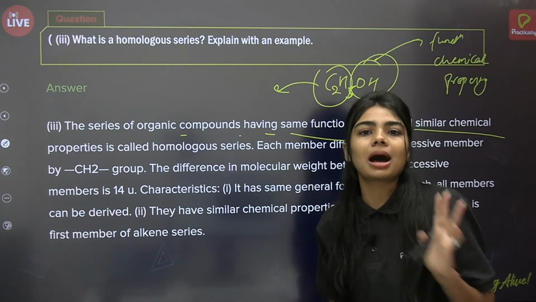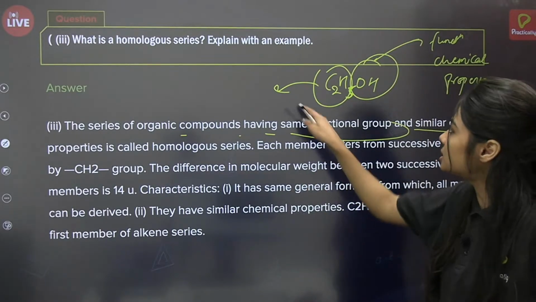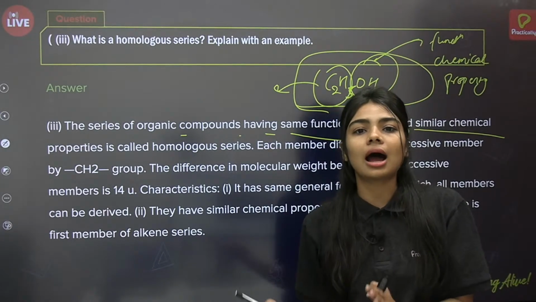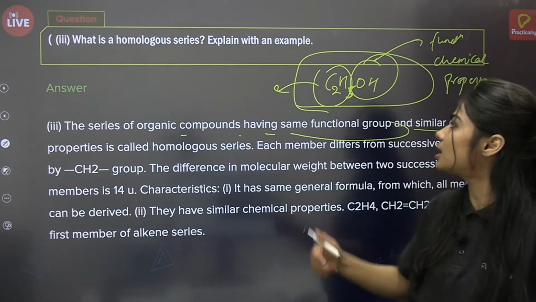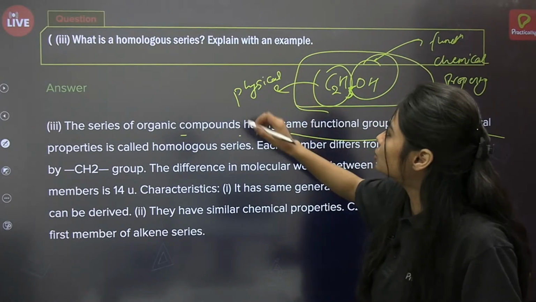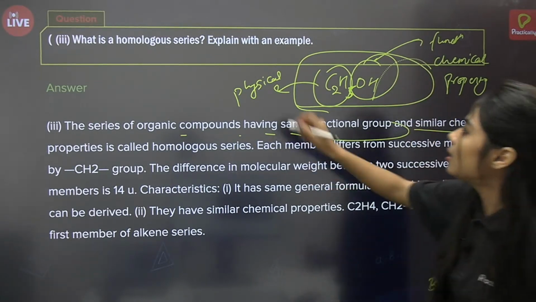What will be the mass of that particular compound? This is how you can identify which part tells about the physical property and which part tells about the chemical property. Due to the same functional group, they have the same chemical property.